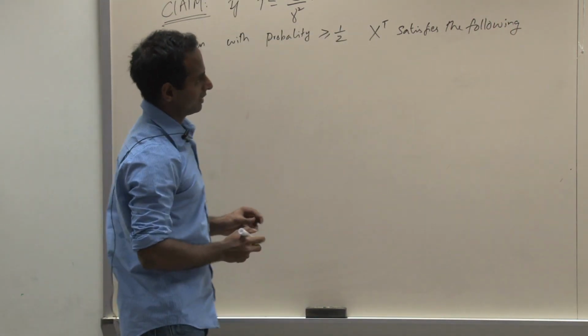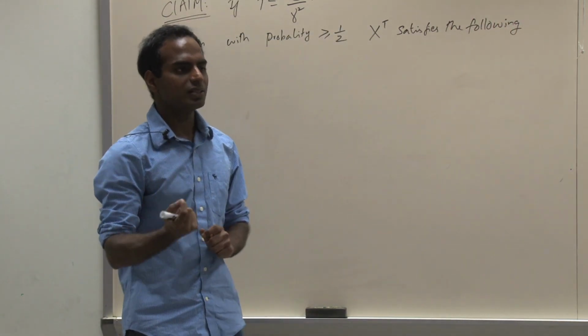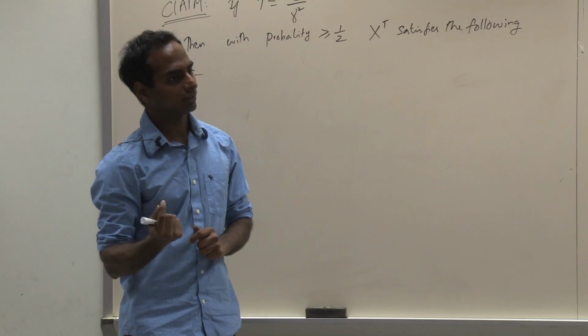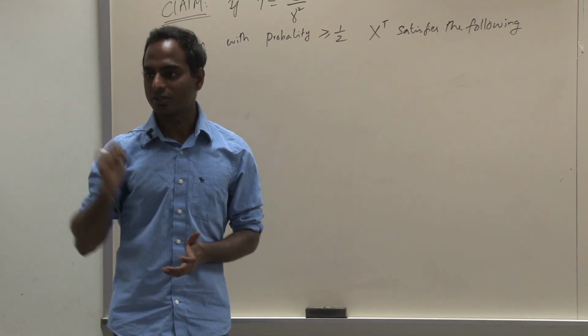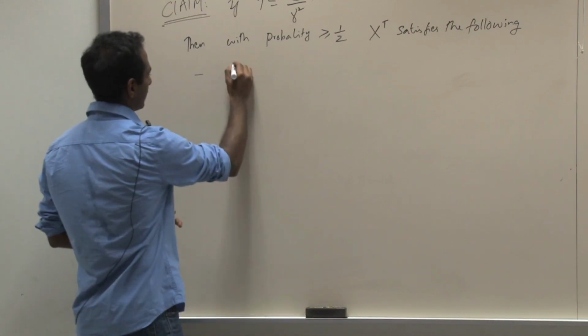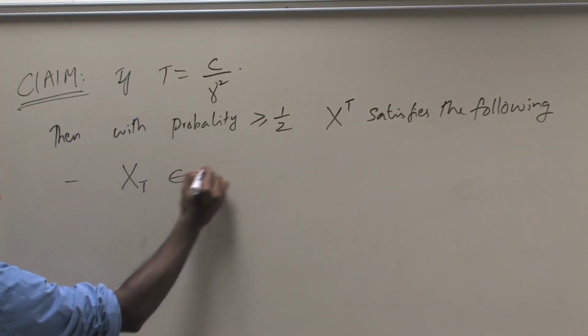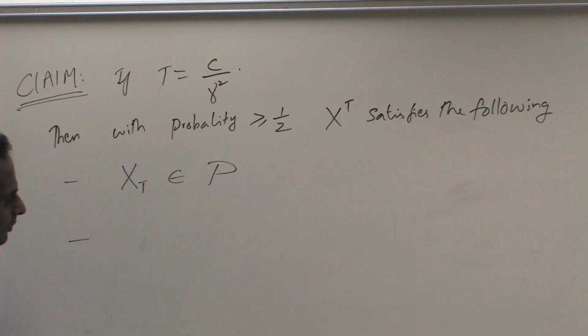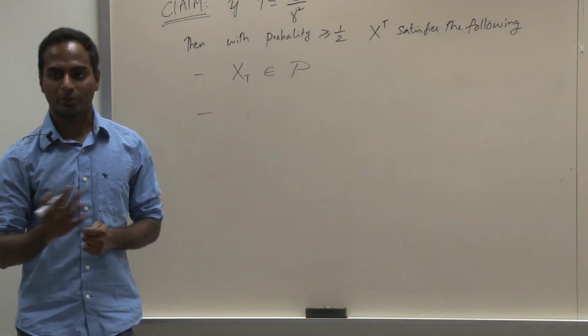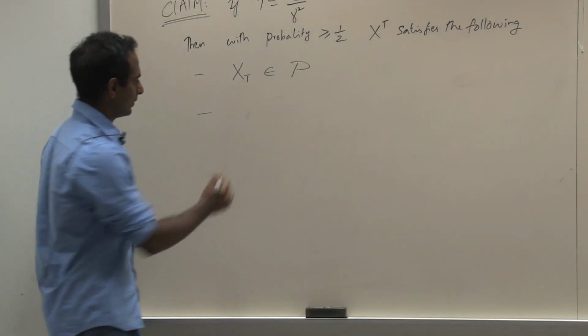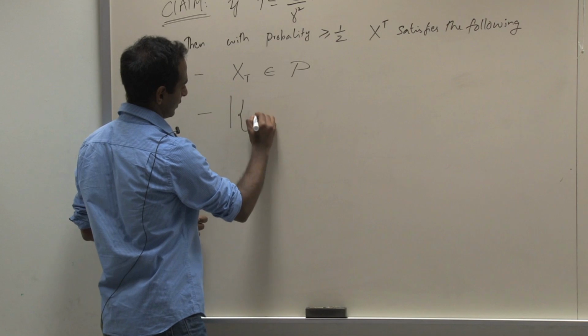So what are all the conditions we want? The first condition is that the final point lies inside my polytope P. I do not want to cross the polytope, right? So xt belongs to the polytope P. And what's the second condition? I want at least half the coordinates to be close to 1 or minus 1.